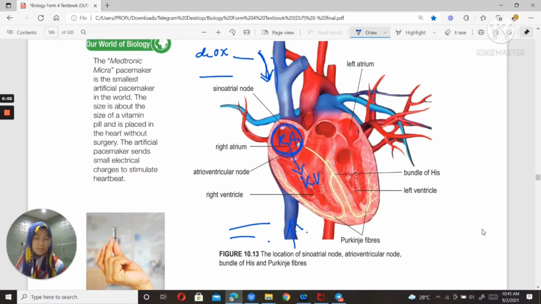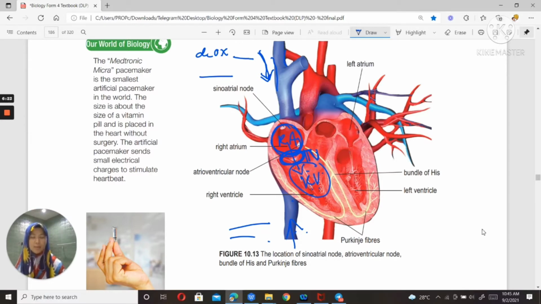Next, look at this valve, the tricuspid valve. When the blood is pushed into the right ventricle, the tricuspid valve will close. Tolong ingat, pastinya untuk prevent backflow.